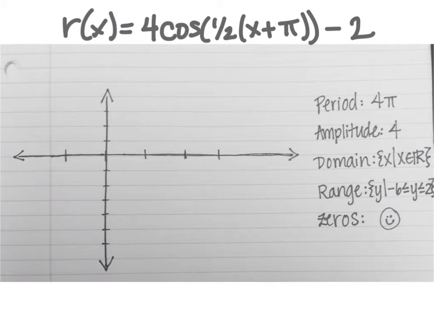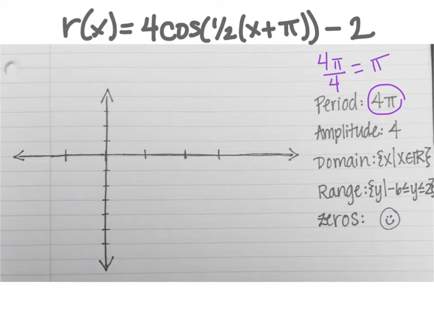After we've identified what the different transformations will do to our graph, we can start labeling our axes. I like to label the x-axis first because that is generally the more difficult one, so it just gets it out of the way. I need to think of a couple things. First, with the period of 4 pi, remember that we'll always break the period into fourths to represent the 4 quadrants, so to speak.